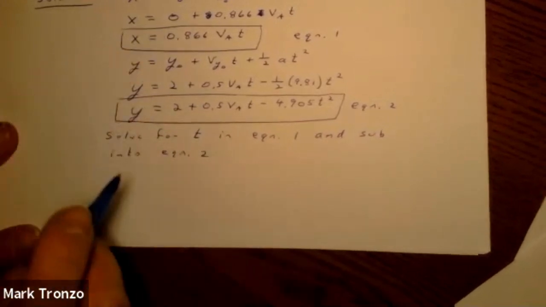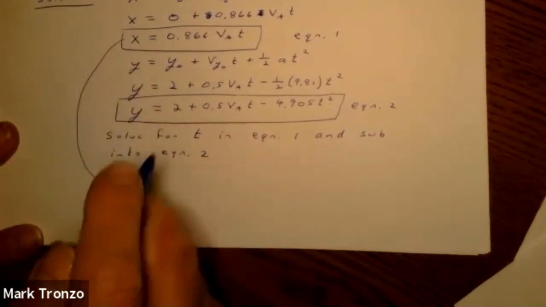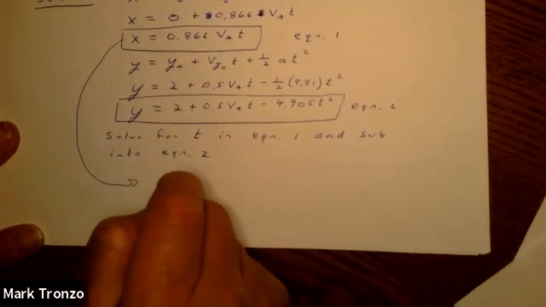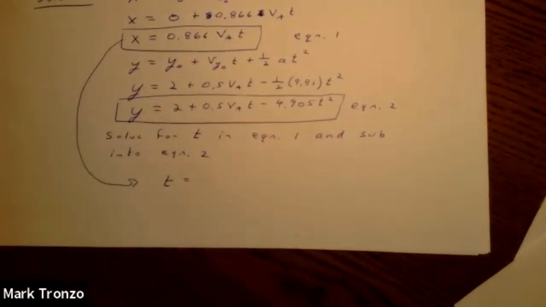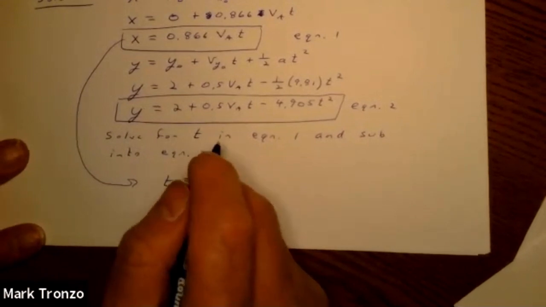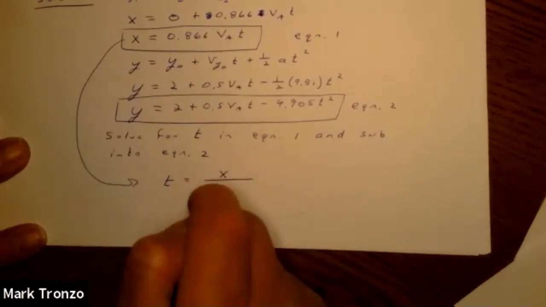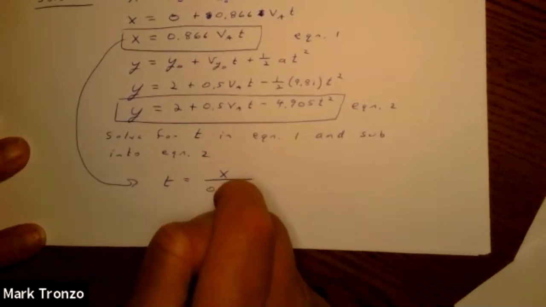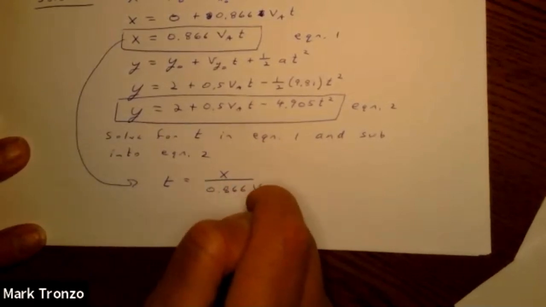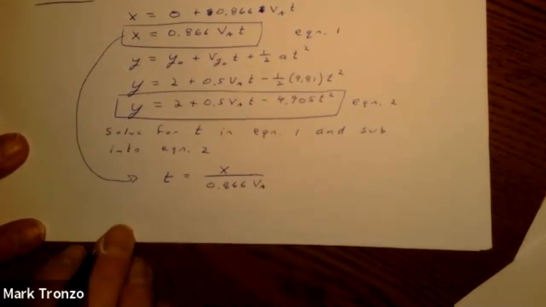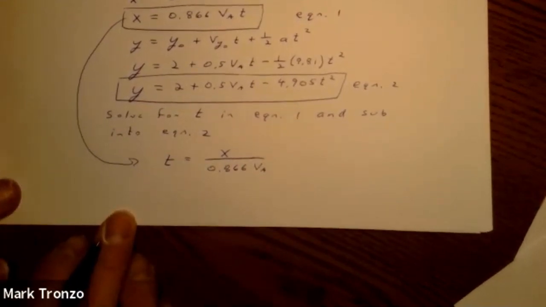So let's go back to equation 1 and solve for t, and that's simply going to be t equals x over 0.866 VA. So we're going to just do that, then put that into equation 2.